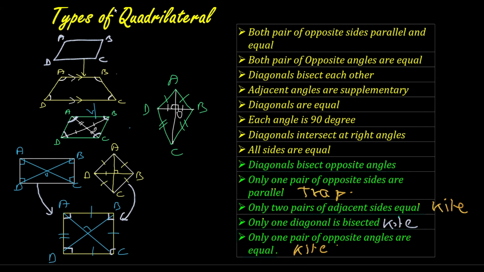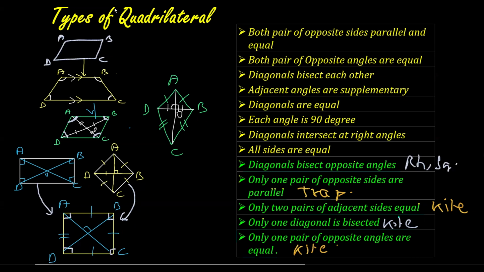Diagonals bisecting opposite angles is a property of a rhombus, and since a square is a type of rhombus, it is there in a rhombus as well as a square, right? So we'll say that this is true for rhombus and square, that is RH for rhombus and SQ for square.